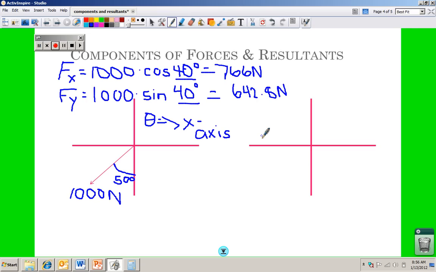Alright, so the important thing to remember again is, please remember that theta is measured from the x-axis, right? And that was a little trick because I gave you from the y-axis.